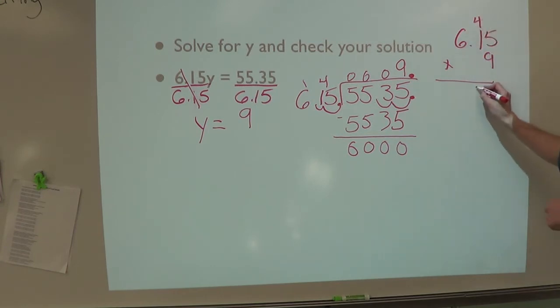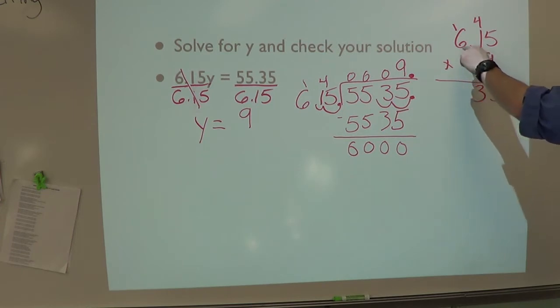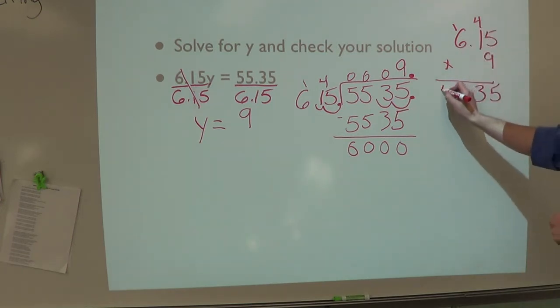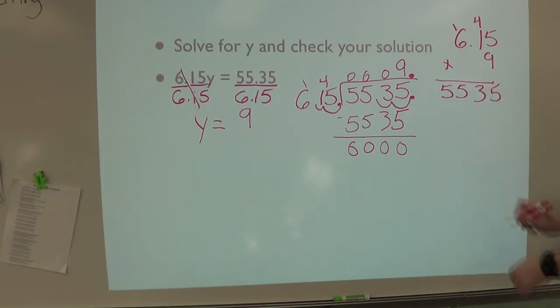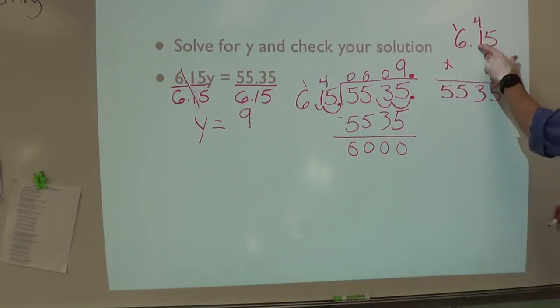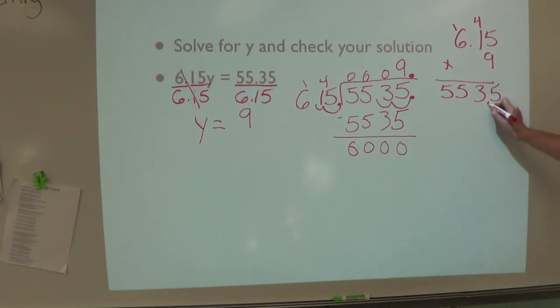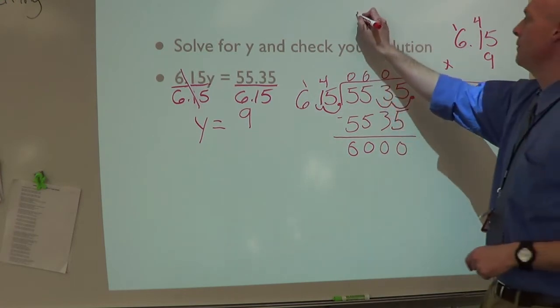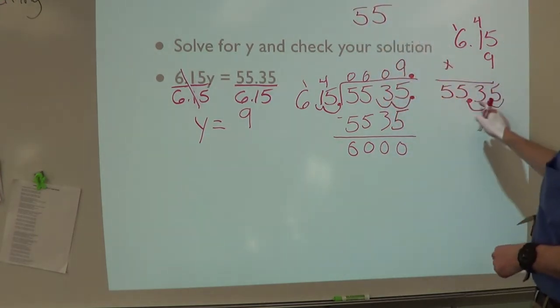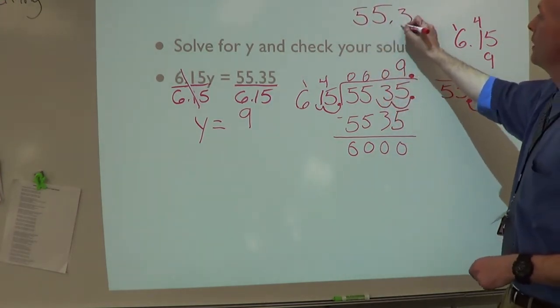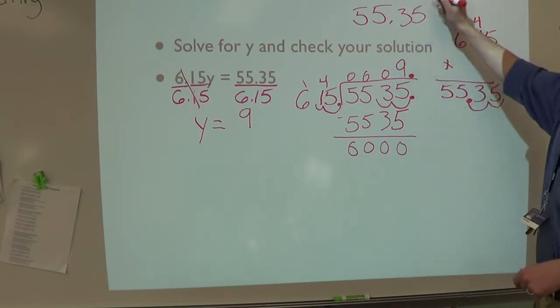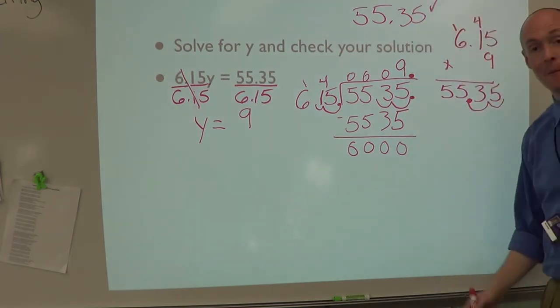Plus 4 is 13. 3 carry the 1. And 9 times 6 is 54. Plus 1 is 55. We have 2 decimal places, and we have no decimal places. So we need to move it once, twice. The answer I got is 55 and 35 hundredths. They check. We are good to go.